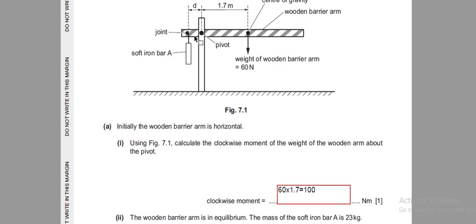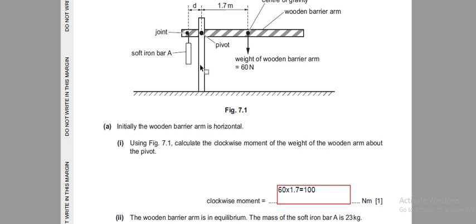So as this system is in equilibrium and we have two forces here, the force due to the weight of the wooden bar and the force due to the weight of the iron bar, both forces should have the same moment, okay, and in different directions.